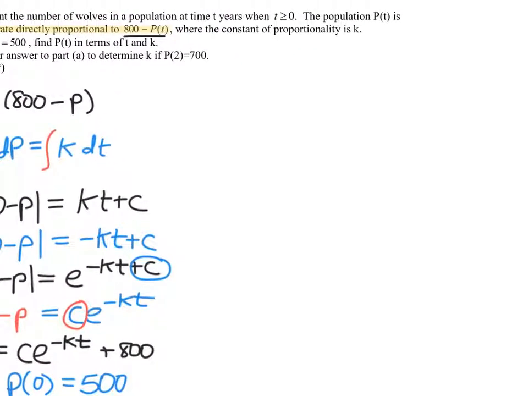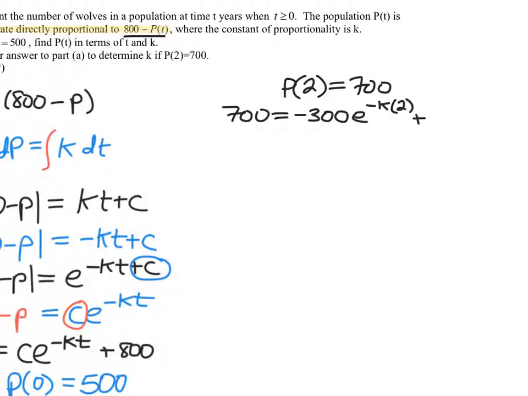P of 2 is equal to 700. All right, so we're going to have 700 is equal to negative 300 e to the negative k times 2 plus 800.